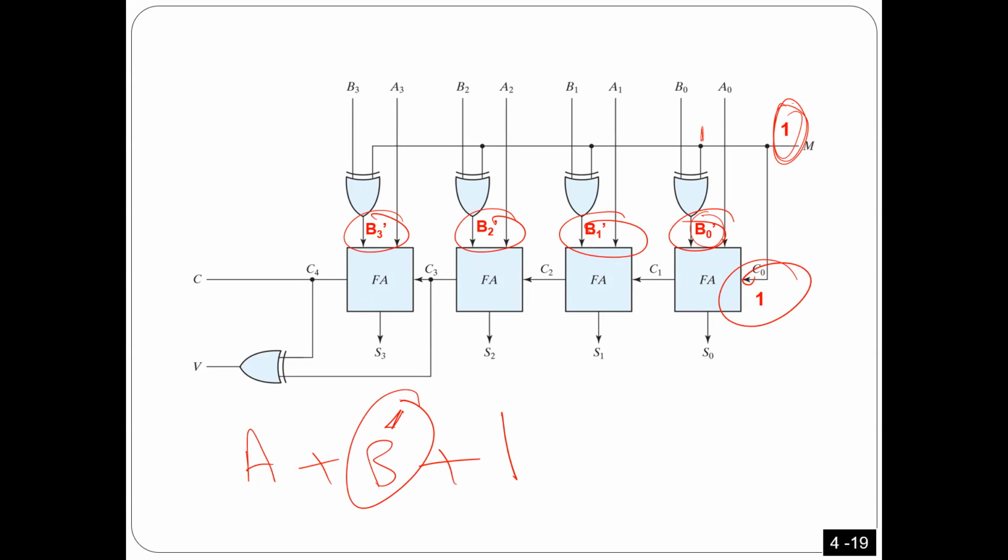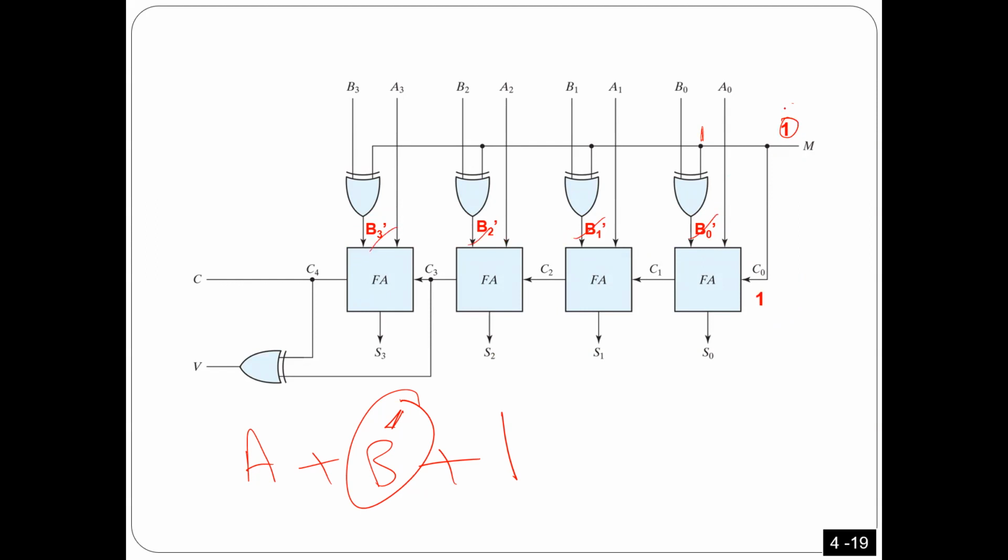So you should understand the idea of cascading full adders to create an adder. And then, using XOR, I was able to convert this adder to a subtractor, or the same circuit can be an adder and subtractor, reducing hardware. If I put 0, we're going to have B here.